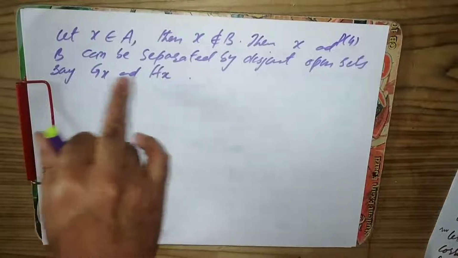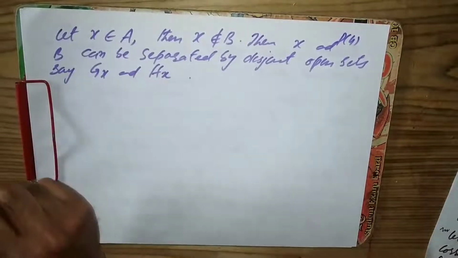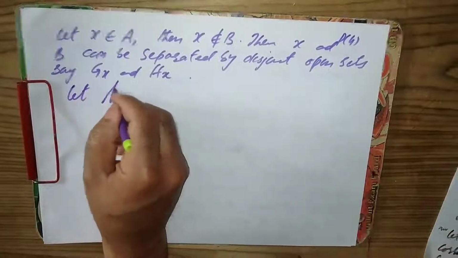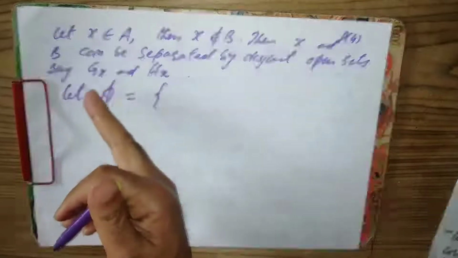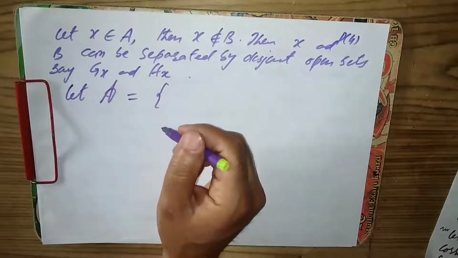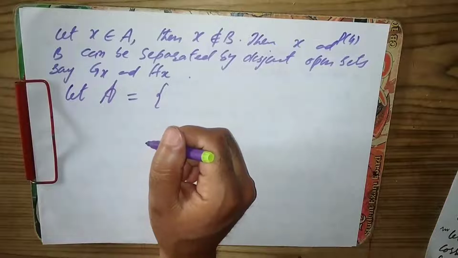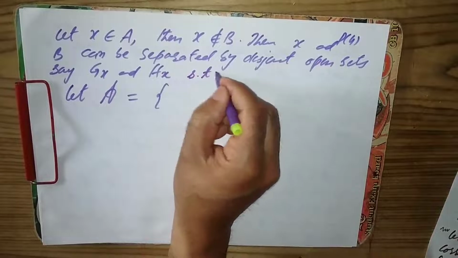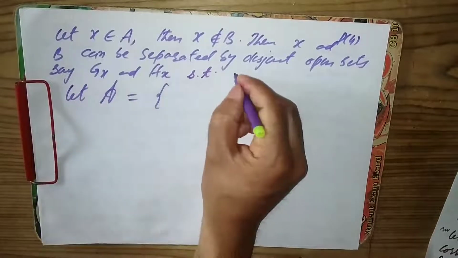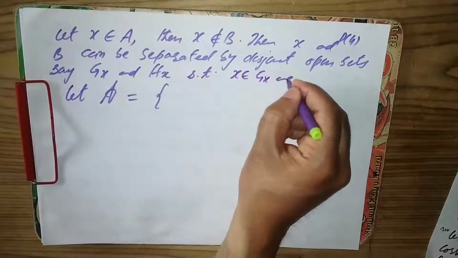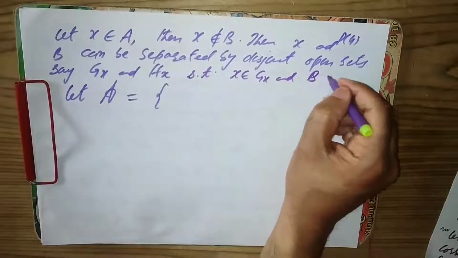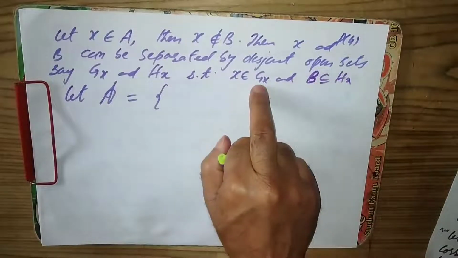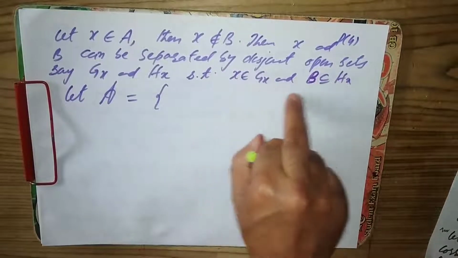So let's denote those open sets by Gx and Hx, such that X is in Gx and B is a subset of Hx. B and this point X can be separated by disjoint open sets.